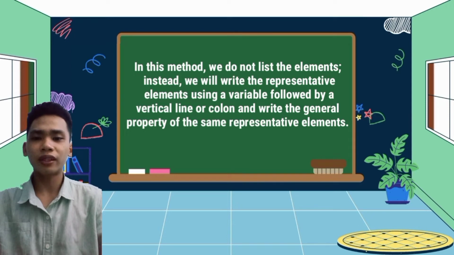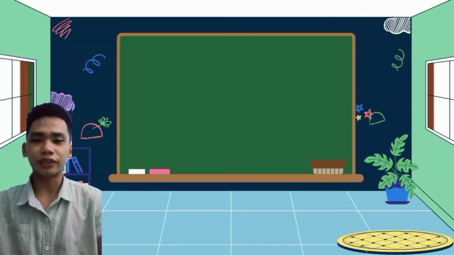Instead, we write the representative element using a variable followed by a vertical line or a colon, and write the general property of the same representative element. In set builder notation, you need to find the relationship of one to another to get the right answer for every question.